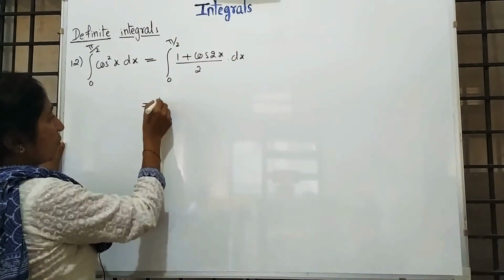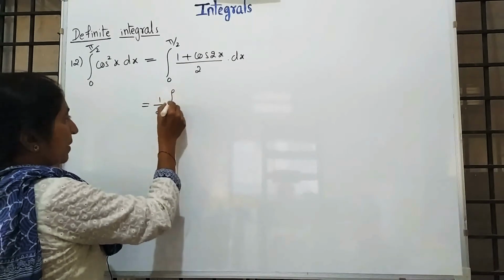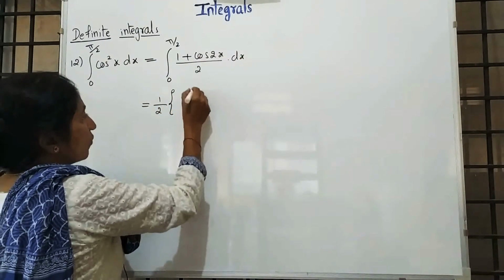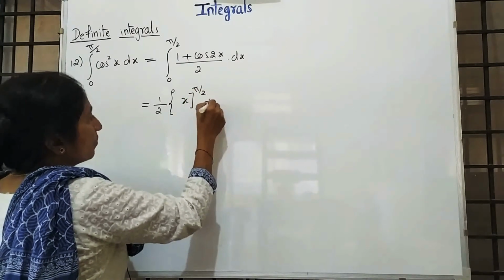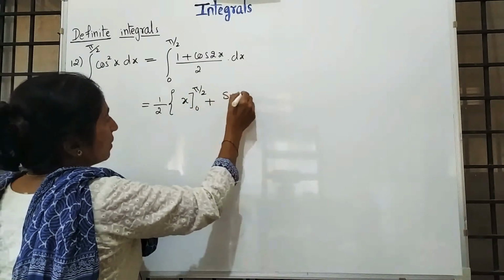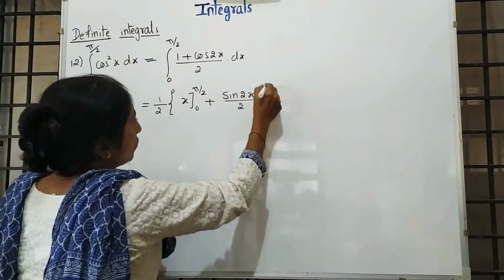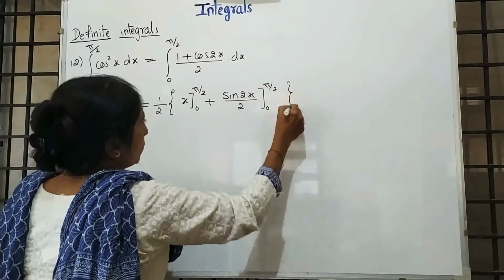Here 1 by 2 is constant, in the bracket. Integration of 1 with respect to x is x from 0 to pi by 2 plus integration of cos 2x is sin 2x divided by 2 from 0 to pi by 2.